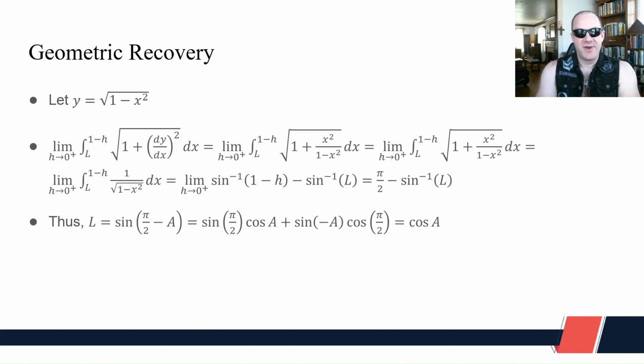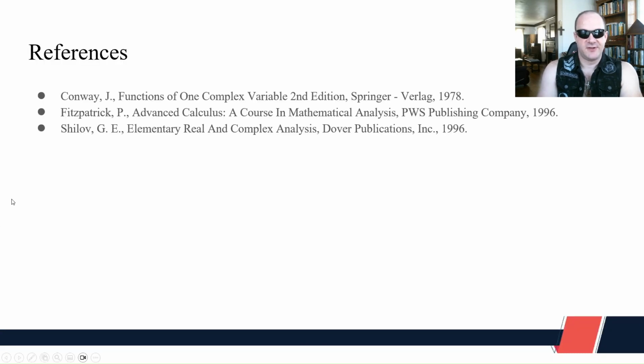So again, for the viewer, the references for this are as follows. Conway gave us that clever little function to show the rule that the exponent of a sum is the product of the exponents. Fitzpatrick and Shilov both give a nice exposition about the definitions of the trigonometric functions: Fitzpatrick in terms of solutions of differential equations, Shilov in terms of assuming that some functions satisfy certain functional equations.